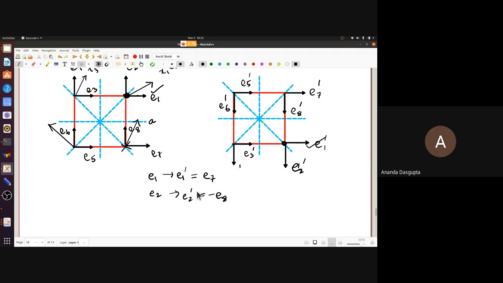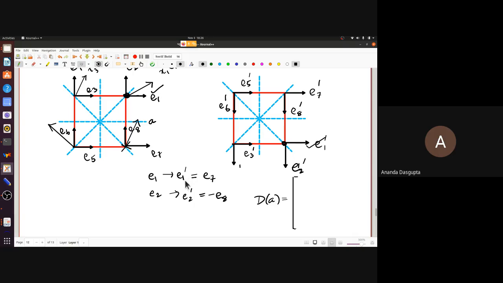And by proceeding this way, you can easily write down what happens to each one of the basis vectors. And once you have written that down, you can easily write down the matrix. For example, the 8 by 8 matrix that I will get representing A here will of course have 8 rows and 8 columns.